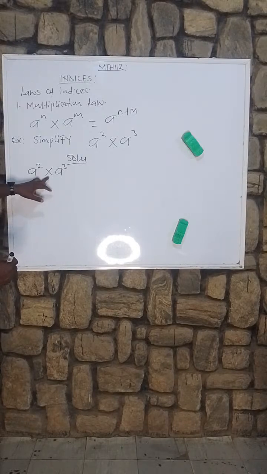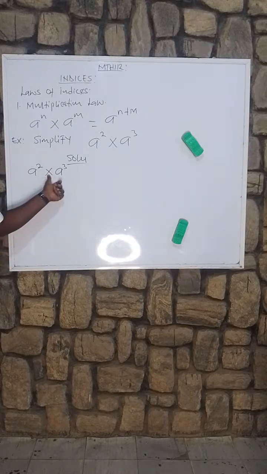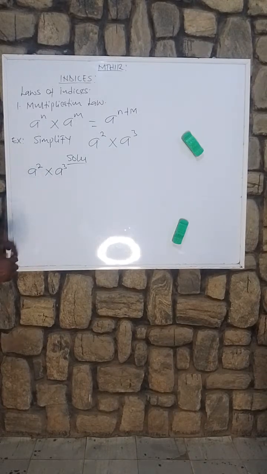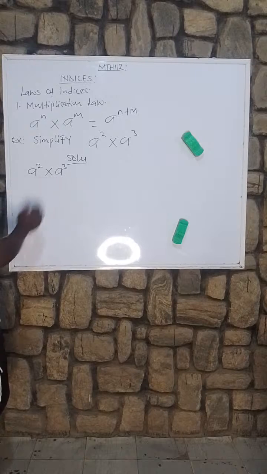So here, in between a raised to the power of 2 and a raised to the power of 3, what we have here is a multiplication sign. The operation here is multiplication, true or false? So it means you are going to add the powers together, and pick one of the bases.